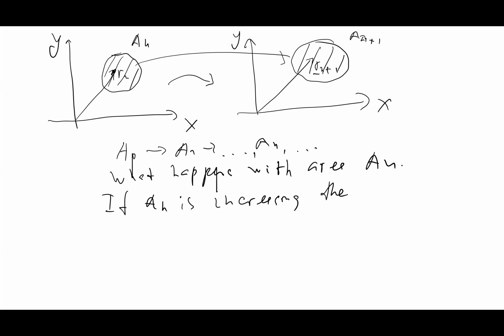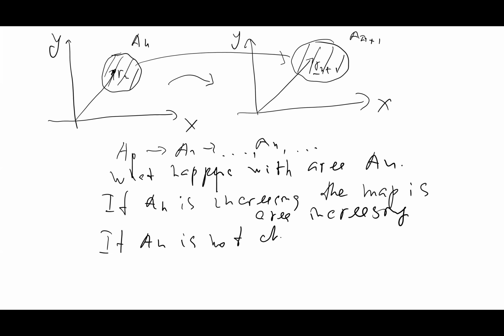If it increases, the map is called area increasing. If An is not changing, then the map is called conservative.